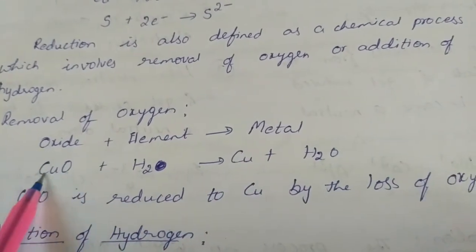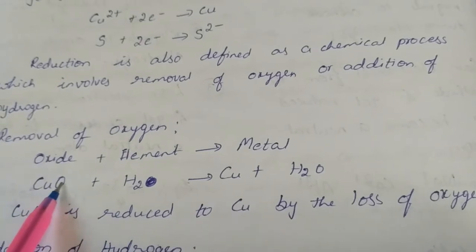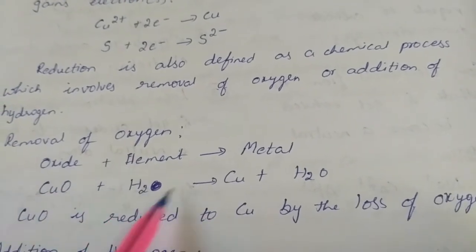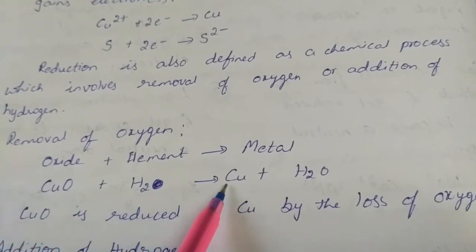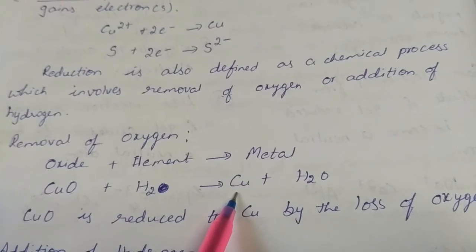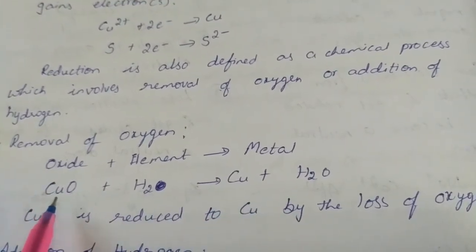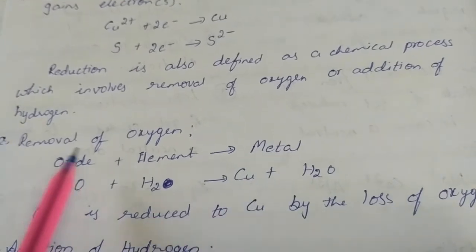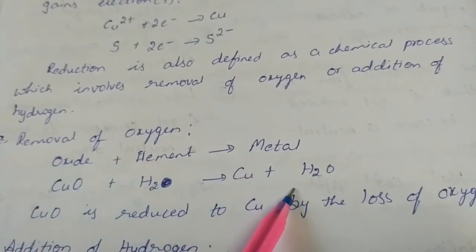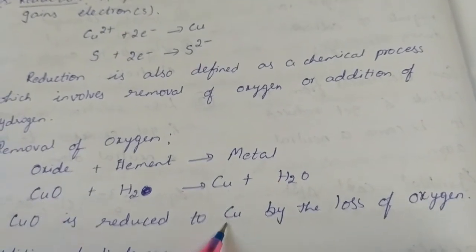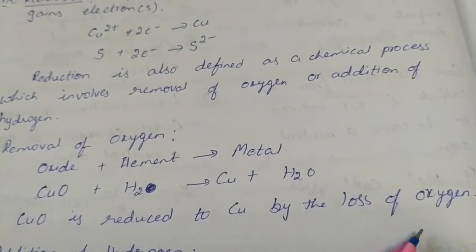Here whatever the oxide is, the oxygen is removed and added to hydrogen. That's why it has formed pure copper metal. Copper oxide changing to copper is called reduction because removal of oxygen takes place in this process. Copper oxide is reduced to copper by the loss of oxygen.